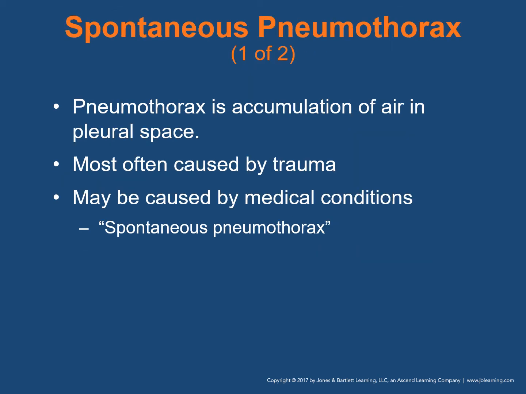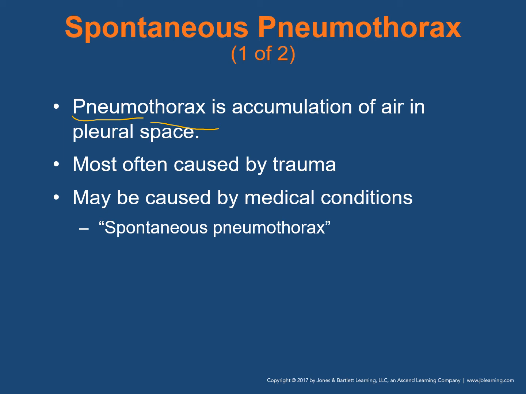Okay, spontaneous pneumothorax. Let's talk about that. Pneumothorax is the word itself. If you look at it, thorax is the chest, and pneumo is air. So this would be air accumulation in the chest, and more specifically in the pleural space.